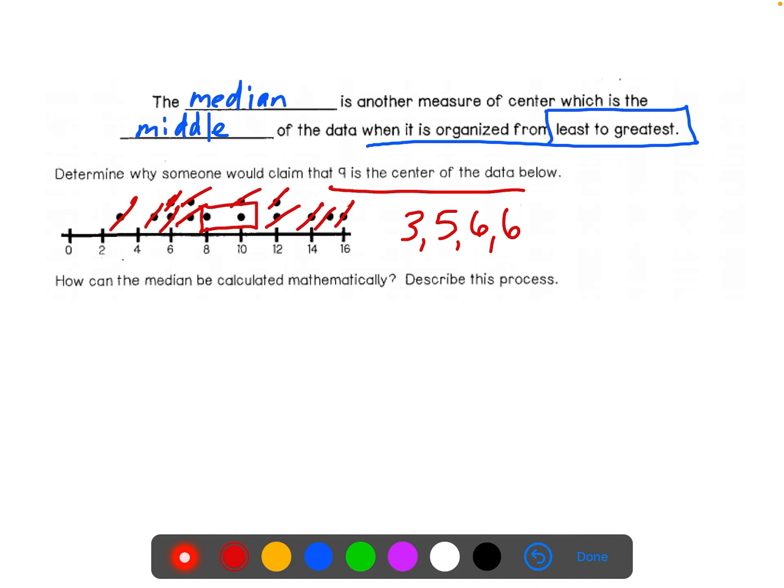And obviously, the center between 8 and 10 is 9. So 9 is my center point here. And that is why 9 is the center of the data below. They found the median. Okay, so we just explained how you do that. You can put that into words down here, which is ordering from least to greatest and then finding the center point.